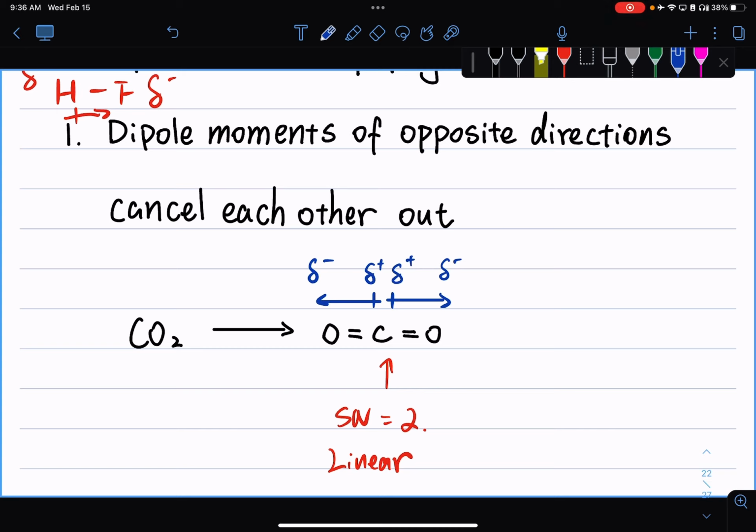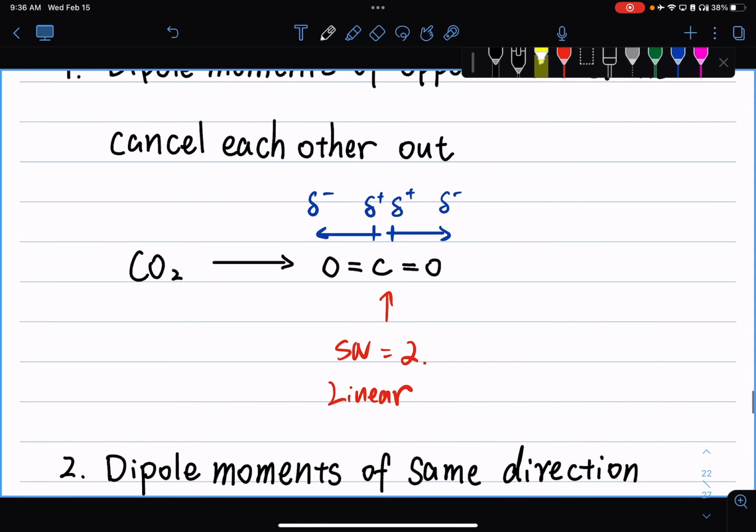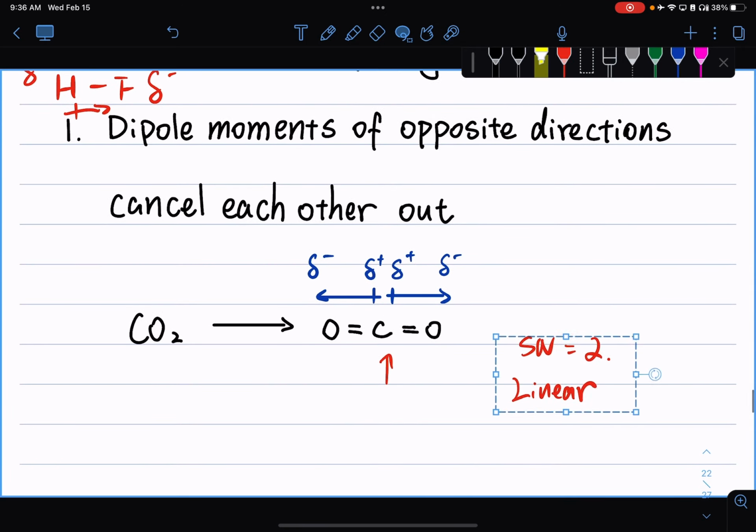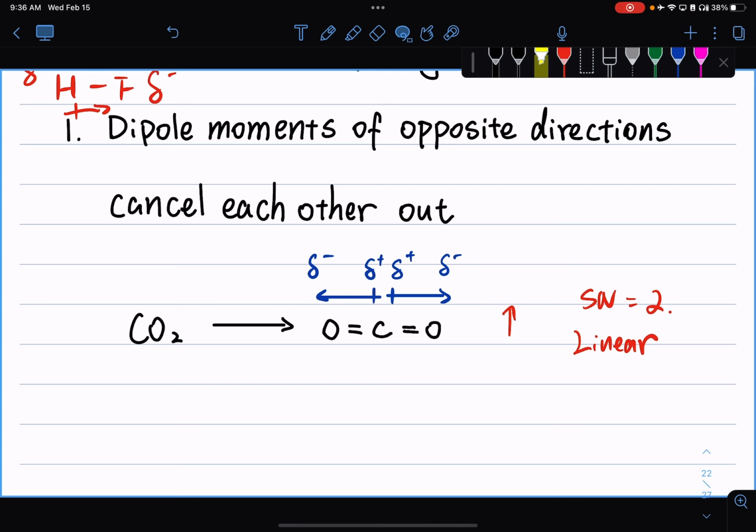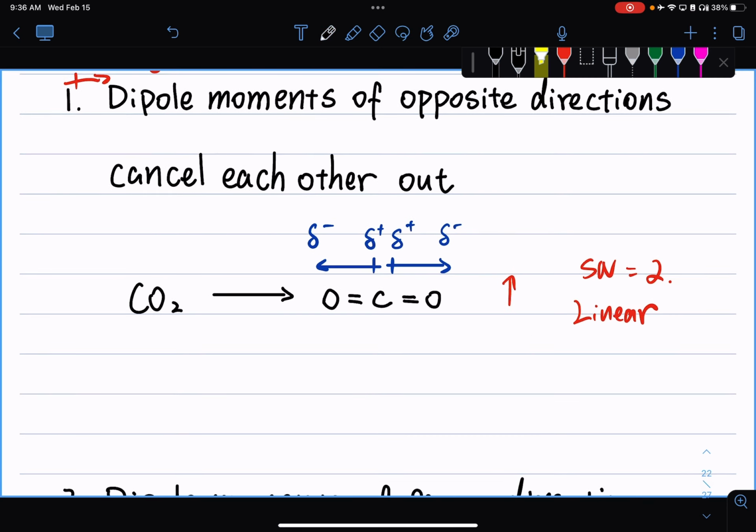All right. So since we're here, let's do an additional example. Imagine now, instead of CO2, we're replacing one of the oxygens with a sulfur.